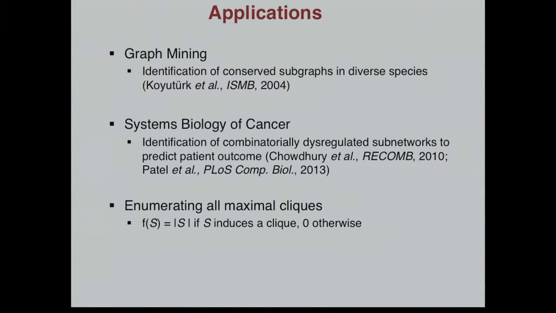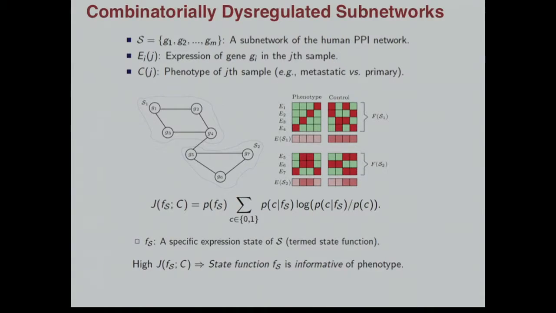But then, in the context of systems biology of cancer, we developed an algorithm which I want to talk about in a little more detail. Here we were trying to identify groups of functionally related proteins such that, at the gene expression level, when we look at the binary gene expression profiles, the specific states of the subgraph provide information about the phenotype.